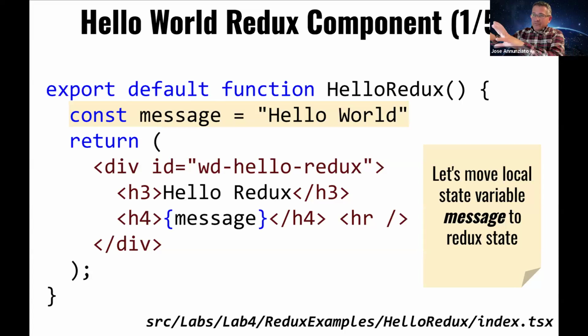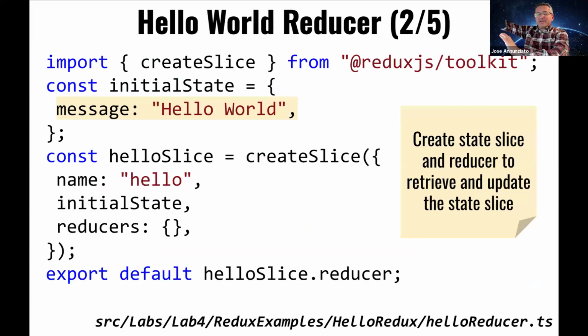We want to move this message and put it in a global place, and then somehow that would be fed back to us here, where we can select from this global state. I want to pick out the message and then display it here. So let's move this out of here. Let's move it into a separate file. Here it is.